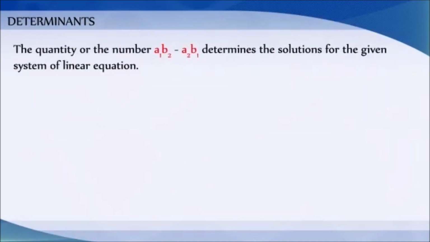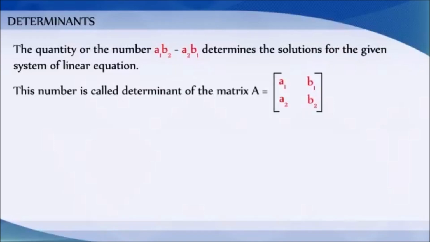Therefore, the number a1 b2 minus a2 b1 determines the solution for the given system of linear equations. This number is called the determinant of the matrix [a1 b1; a2 b2].